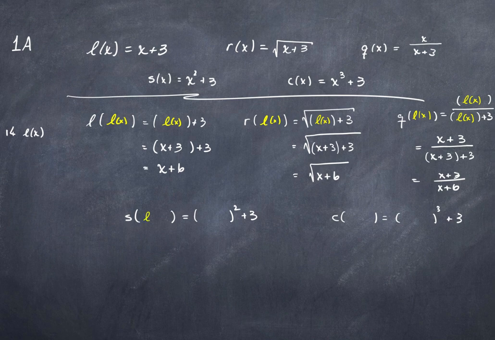The last two, the same procedure applies. What do you get? You get L of x, whatever that is, squared, plus 3. And you get L of x, whatever that is, cubed, plus 3. Take a minute, pause the video, see what you get.